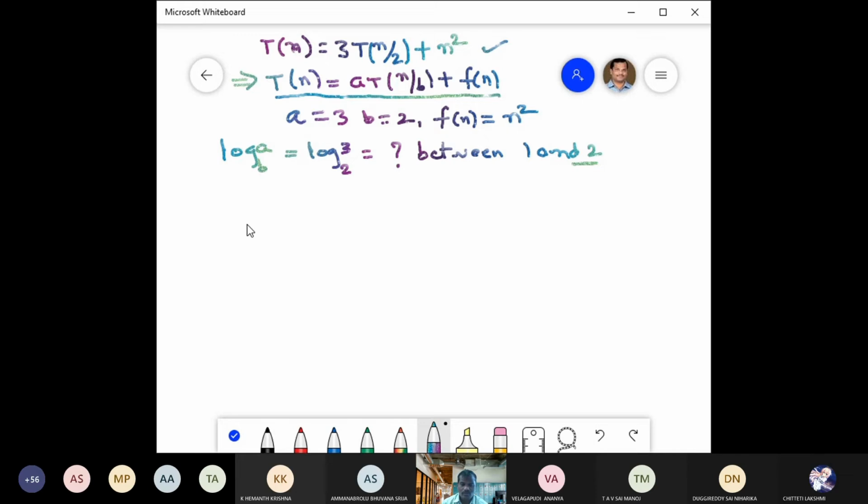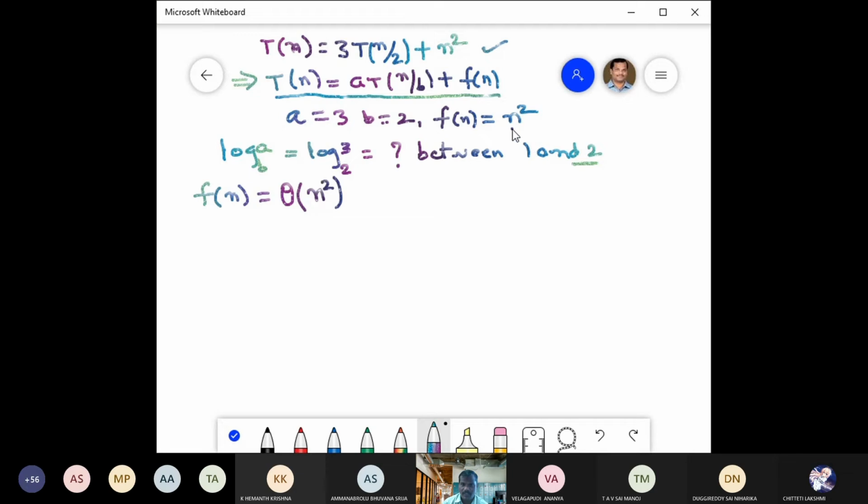Now see what the f of n value is. You can write this f of n as theta of n square.